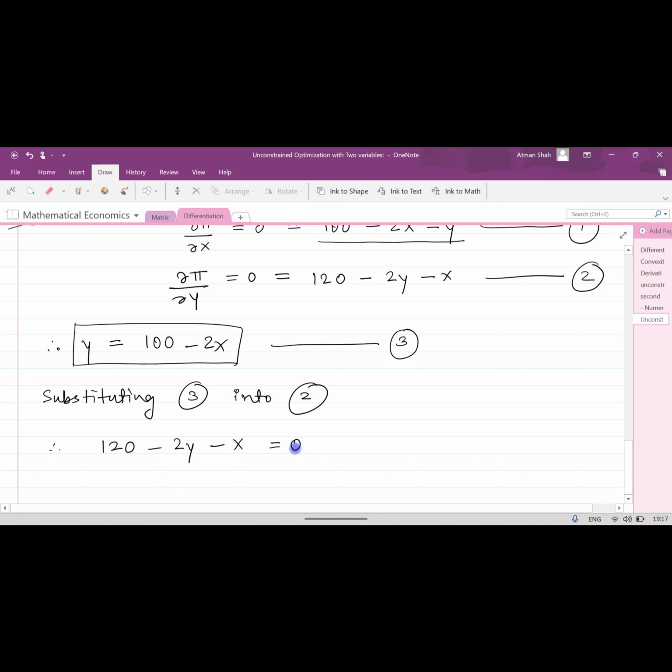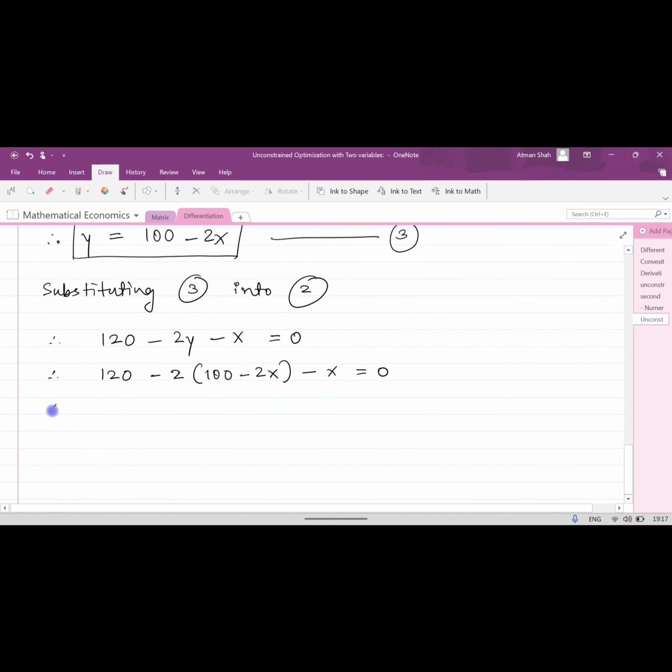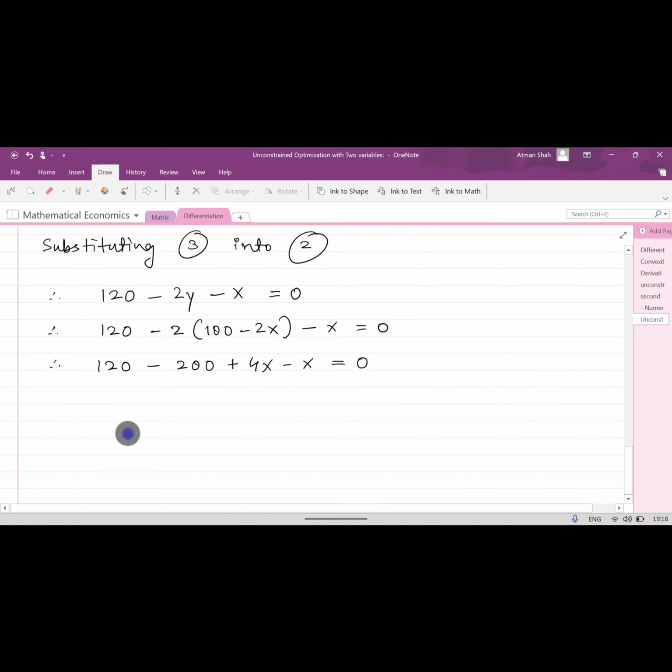Now instead of y we can write 100 minus 2x, therefore 120 minus 2 times (100 minus 2x) minus x is equal to 0. Therefore 120 minus 200 plus 4x minus x is equal to 0.